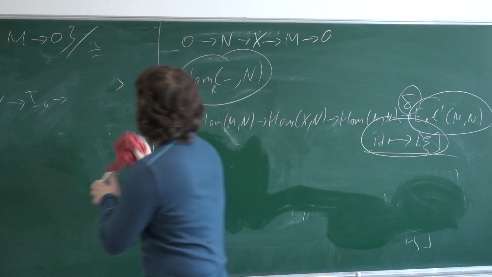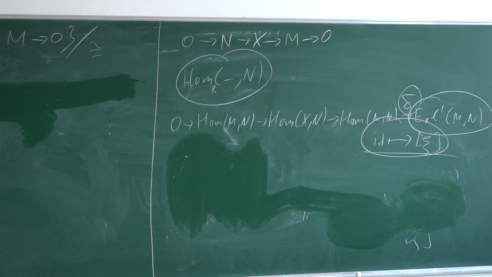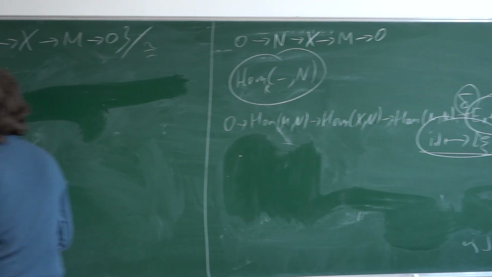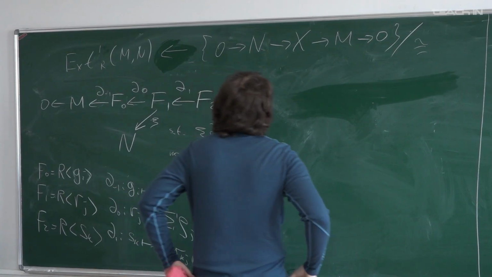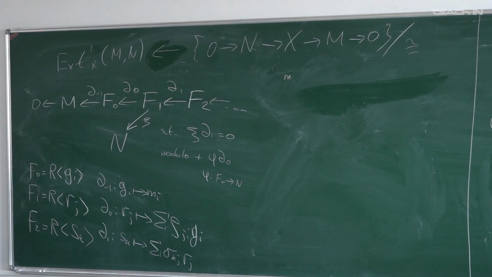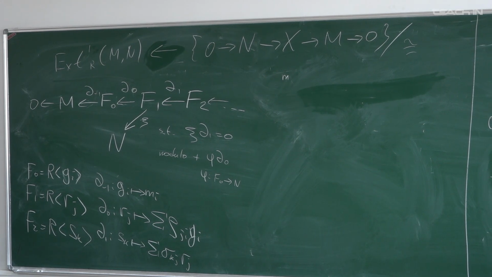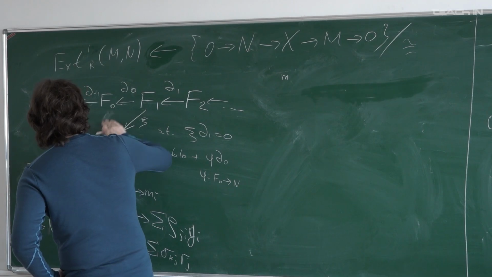Let me recall the definition of the concrete Xi. It's this map. I have an extension. I consider some concrete free resolution of M. I have generators e_i, or g_i.